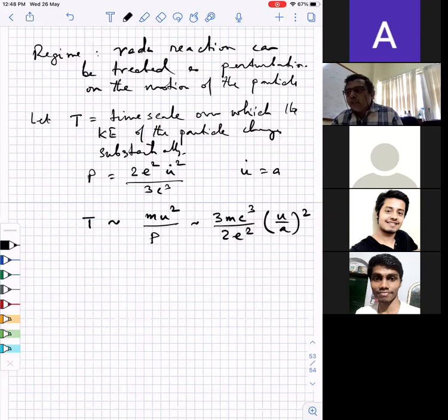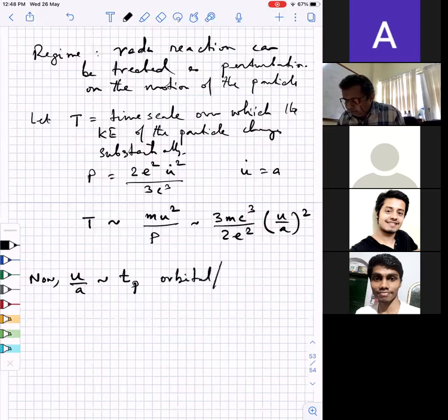And we want to look at time scales much smaller than this time scale. Now, if I look at u by a, this is the typical orbital time scale, a typical period.